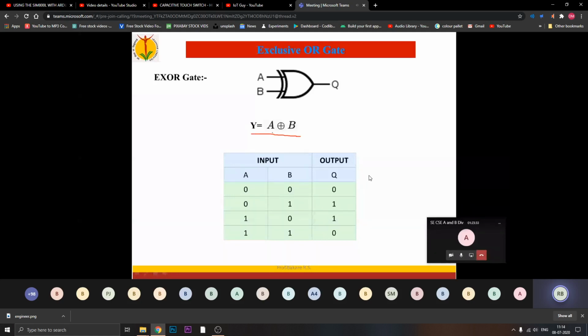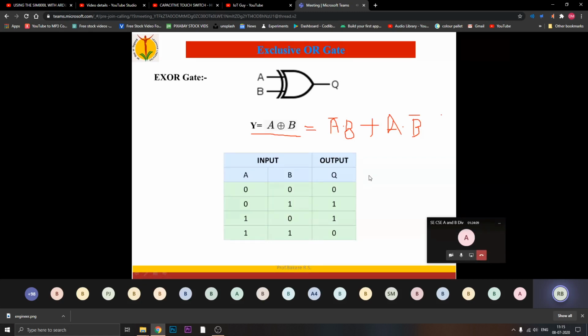Y equal to A XOR with B. See, when I expand this form, it gives Y equal to A bar into B plus A into B bar. I request you all, please note down this equation regarding the XOR gate.